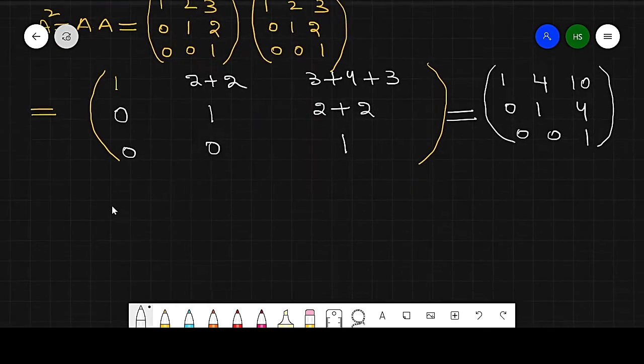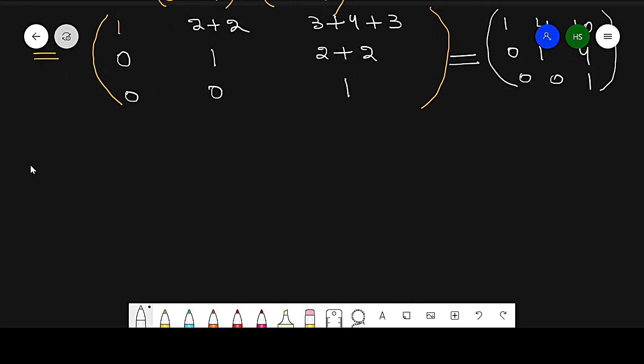Now the first term is A square, the second term is minus 3A, and the last term is plus 3 times the identity matrix.